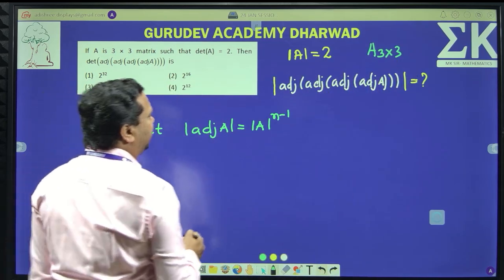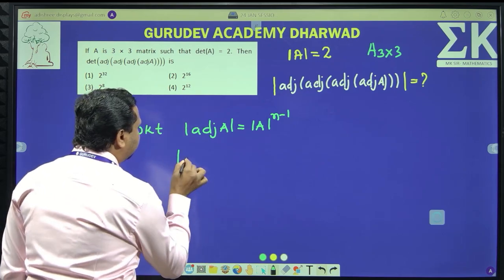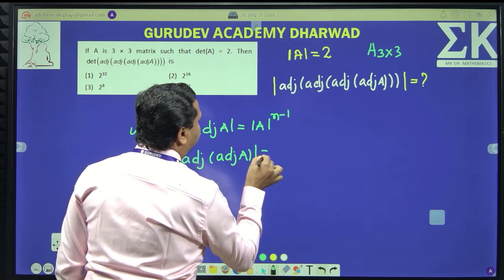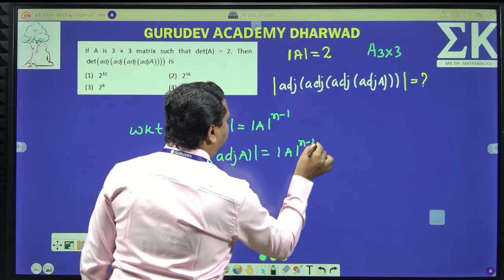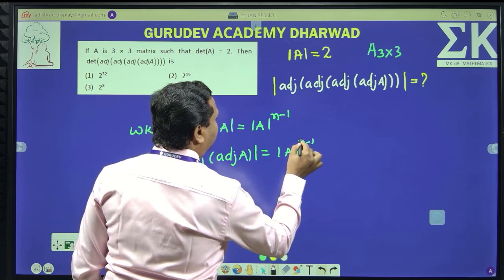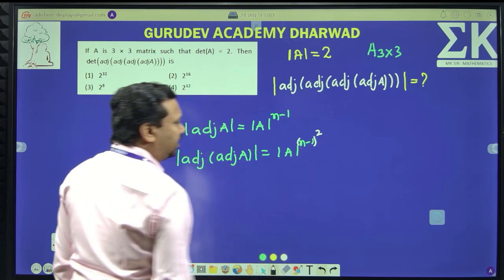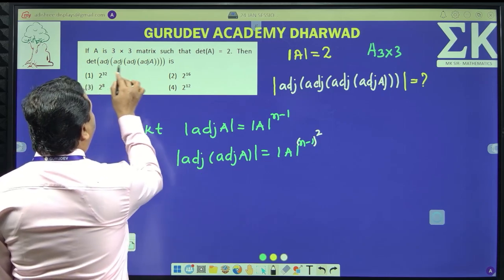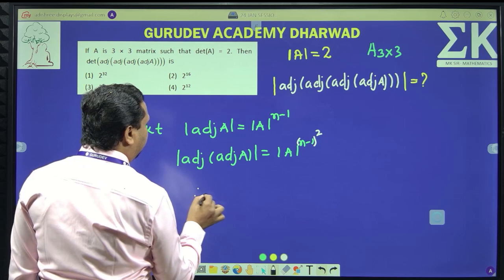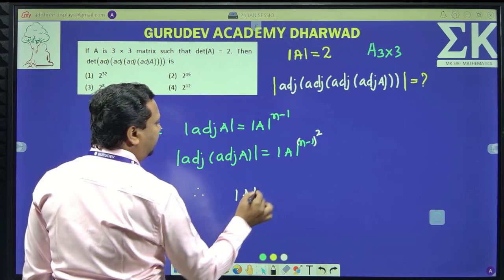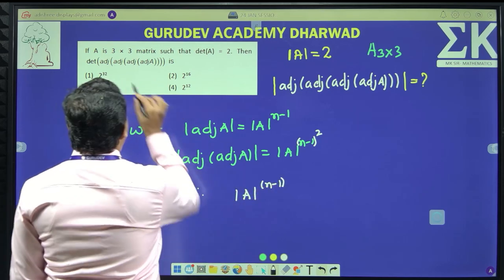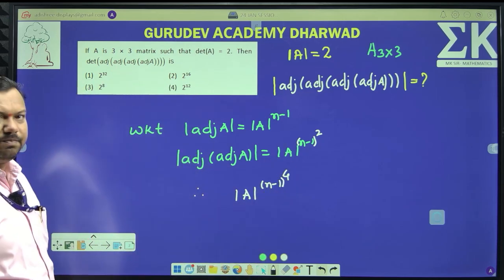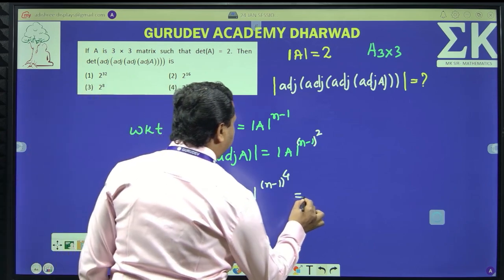Now if it is adjoint of adjoint of A, its determinant is determinant of A to the power n minus 1 whole to the power 2, because adjoint is repeated 2 times. If adjoint is repeated 4 times, what should be your answer? Determinant of A to the power n minus 1 whole to the power 4.